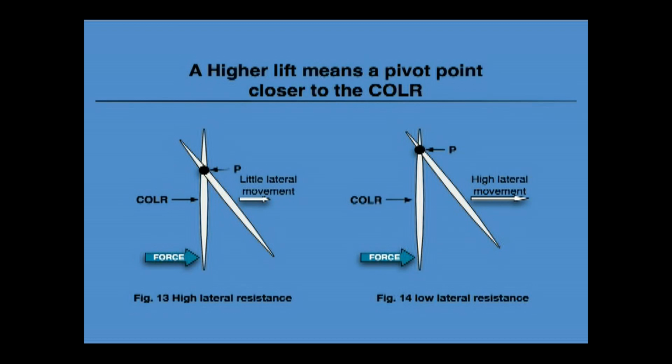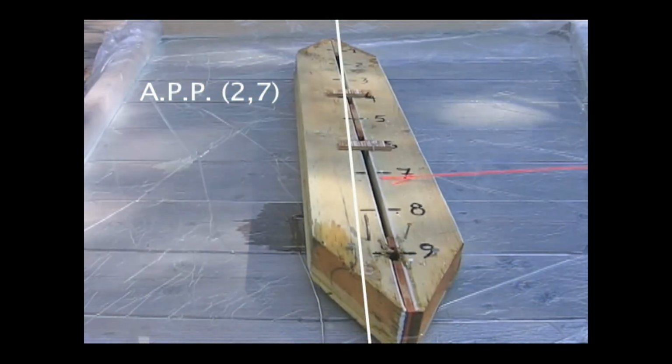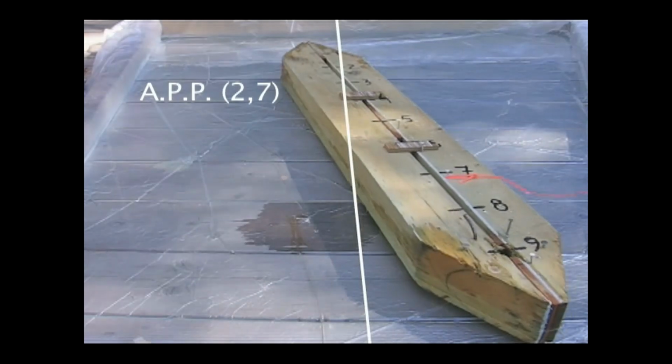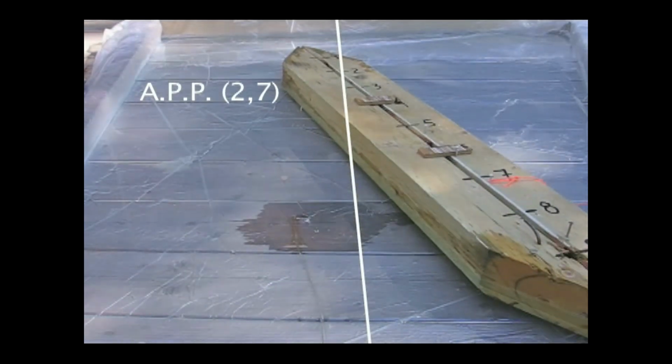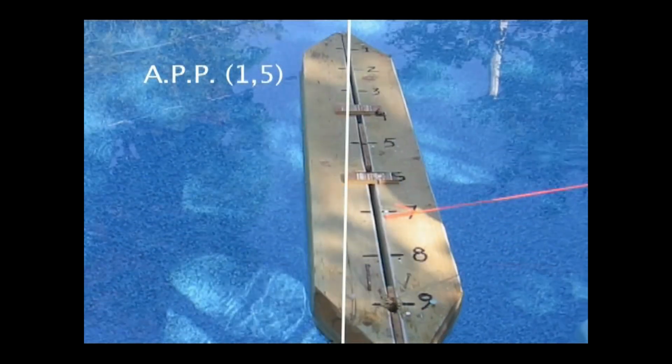For the same change of angle, the center of lateral resistance of a vessel with high lift will drift less sideways than a vessel with a low lateral resistance. This results in an apparent pivot point closer to the center of lateral resistance for a vessel with high lift than the vessel with low lift.